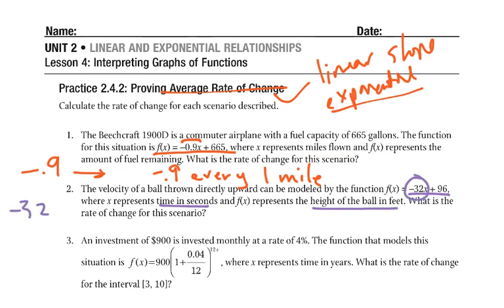And we go negative 32 over 1, so that's the average rate of change. The top number is like the f of x, so that would be the height. And x would be time in seconds, so it'd be negative 32 feet of height every 1 second.